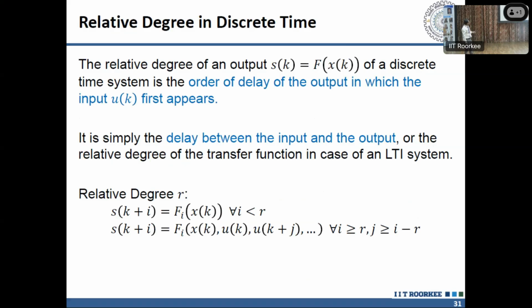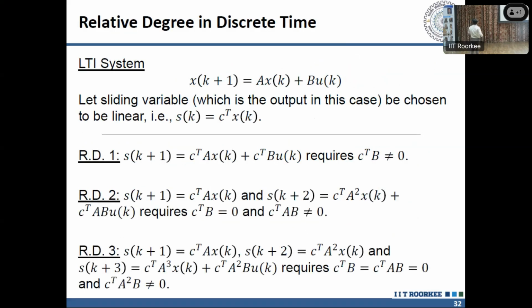Then u_k starts appearing from i greater than or equal to r. If you go on taking further time delays, then u_{k+1} will appear, then u_{k+2} will appear.